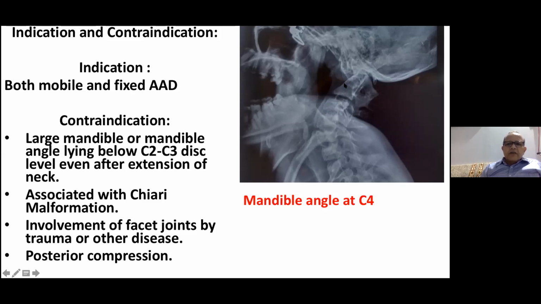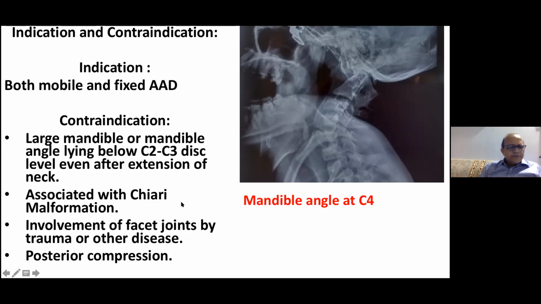If it is higher up, then I go transoral approach, or even some people can go for transnasal. The other contraindications are if there is associated Chiari malformation, then you need foramen magnum decompression, possibly from posterior side also.